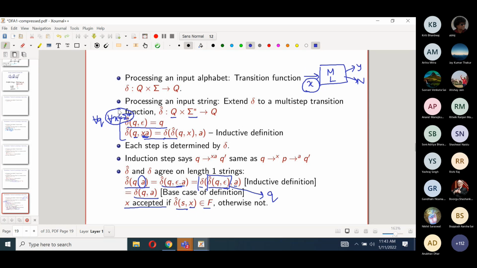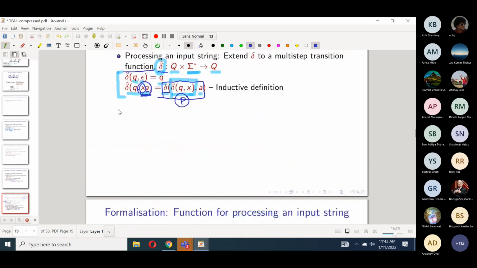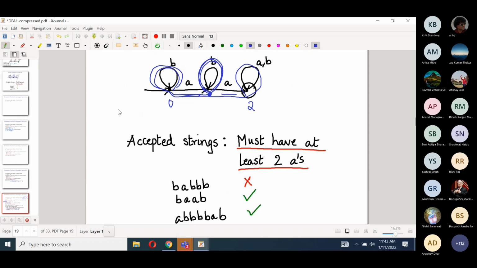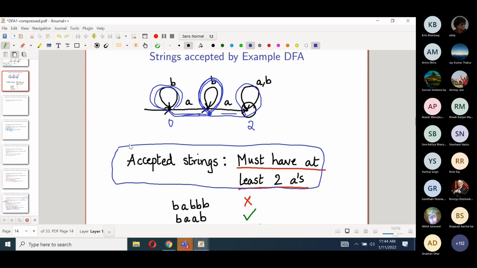Let's go to the previous example. Look at the strings accepted; I have written this in English. This is a representation of the language. But what is the actual size of this set? It could be countably infinite.